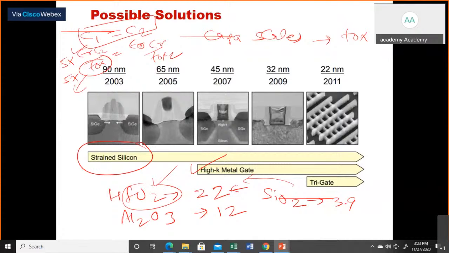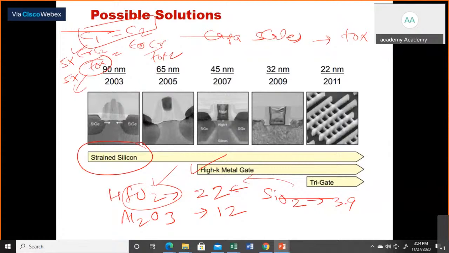Another major change is tri-gate architecture. The tri-gate architecture is an advancement to the CMOS technology. So tri-gate architecture like FinFET, or sometimes called multi-gate transistors or double gate transistors. So this is a tri-gate.